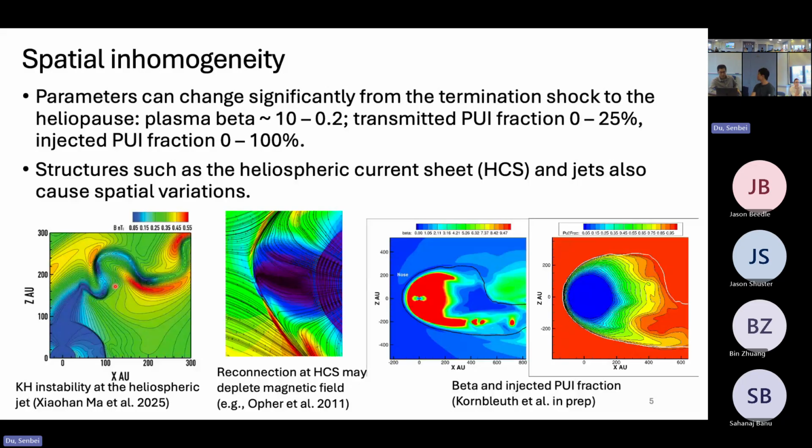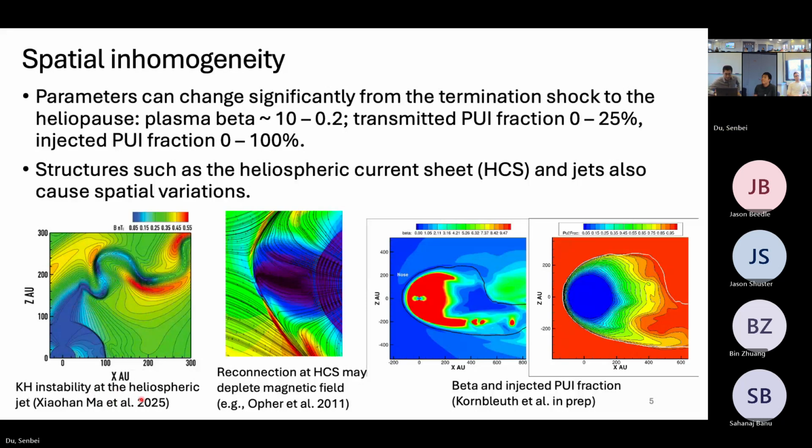And there are also the heliospheric jets in the polar region that may be associated with some instability, and that also causes some local enhancement or reduction in the magnetic field in this case. And this is some recent work from one of the BU students.